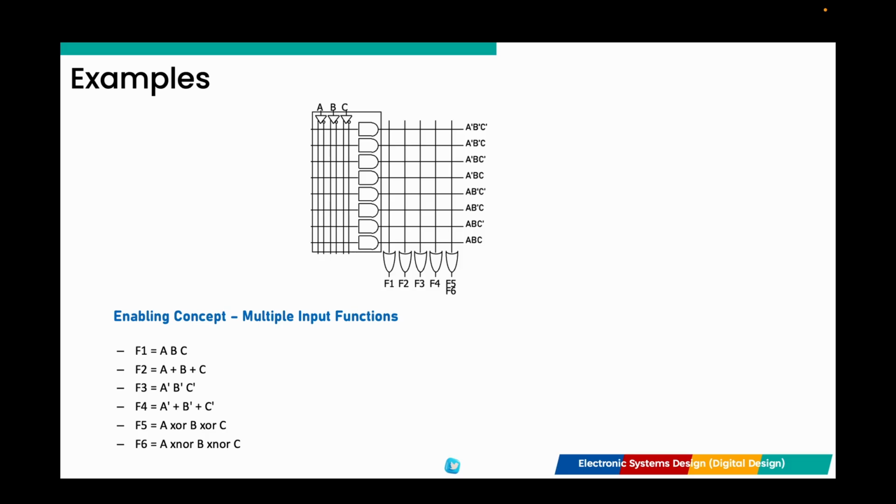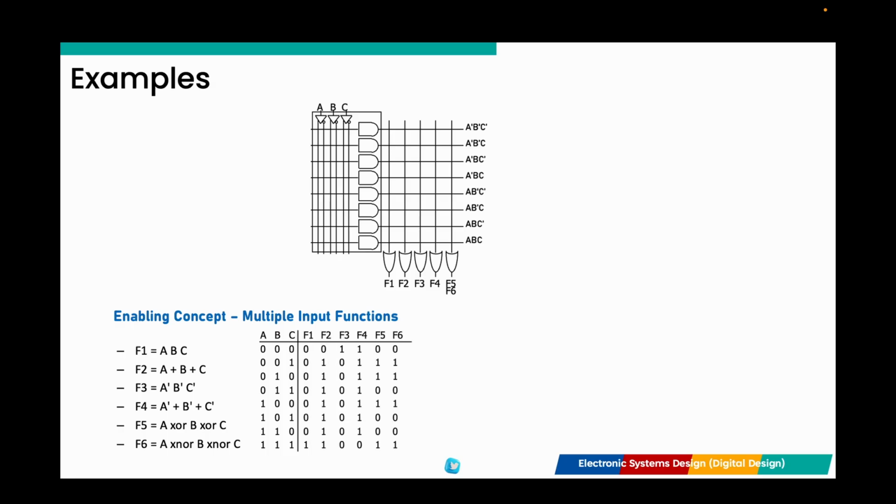Well, instead of thinking in terms of individual Boolean expressions, let's approach this using a lookup table concept. We now have three inputs, A, B, and C. With three variables, we know that there are 2 to the power of 3, equivalent to 8 possible input combinations. So what I've done here is construct a truth table listing all possible combinations of A, B, and C from 000 until 111.